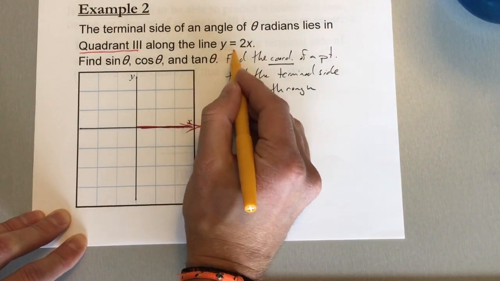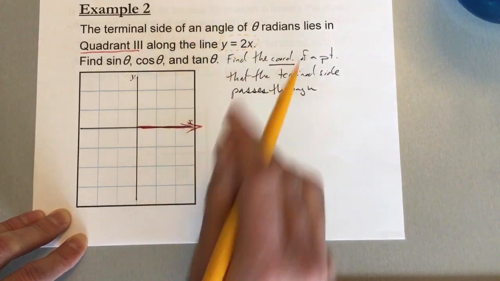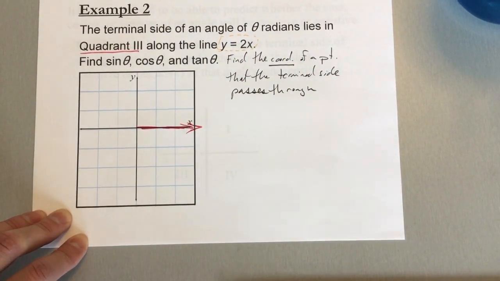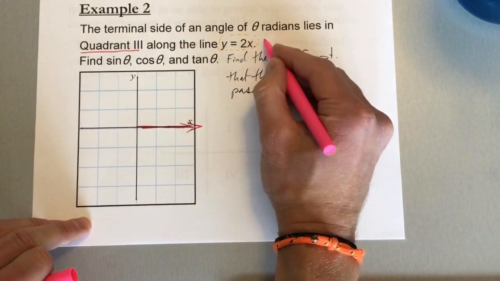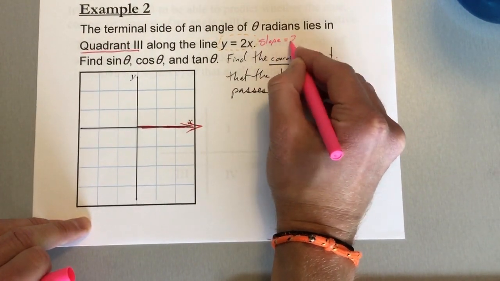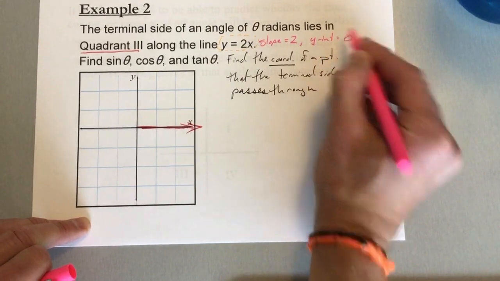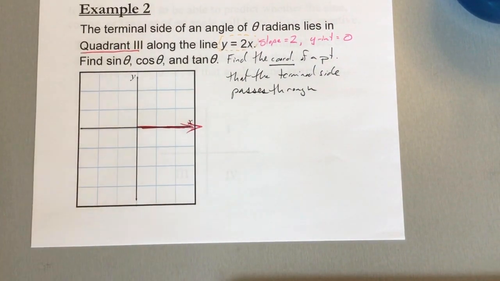I utilize this equation that they gave me. Y equals 2x is the equation of a line with a slope of 2 and a y-intercept of 0. Think back to your Algebra 1.